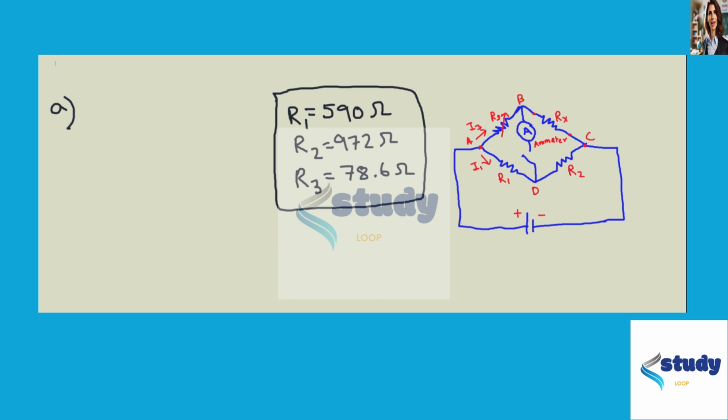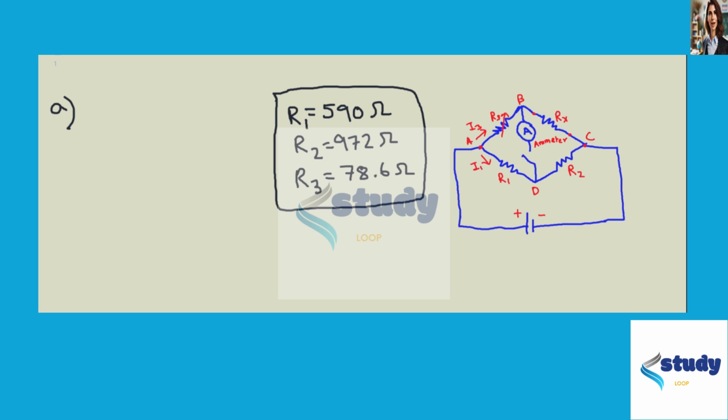So since there's no potential difference across B and D, the potential difference from B to A should be equal to the potential difference of A to D, because that will make the difference zero. And by similar argument, the potential difference from B to C should be equal to the potential difference of C to D.